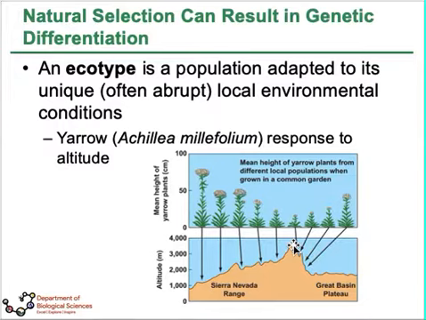Kaya they tend to adapt to that, and then they tend to have a shorter length to avoid such damage to the plants. So we have an ecotype, population adapted to its unique local environmental condition.